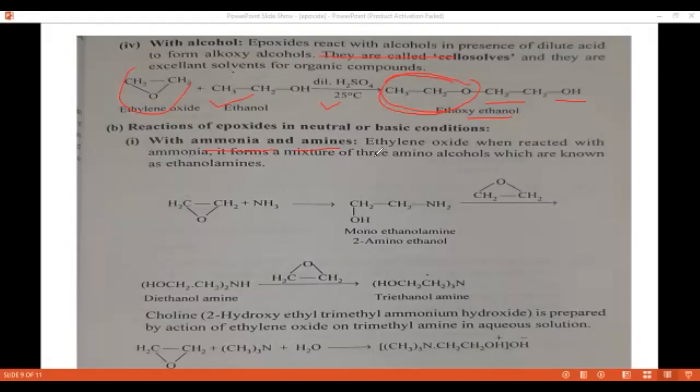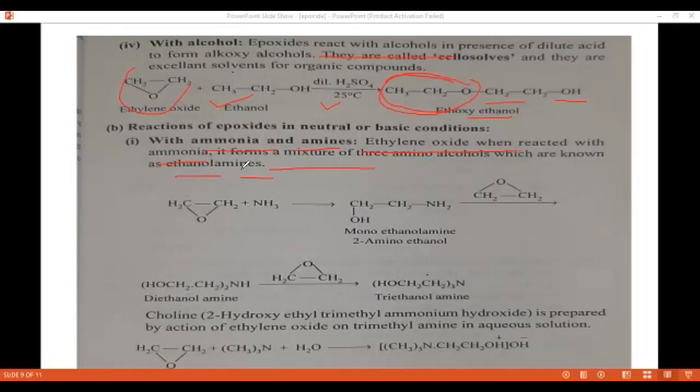When ethylene oxide reacts with ammonia, it forms a mixture of 3 amino alcohols, which are known as ethanolamines.